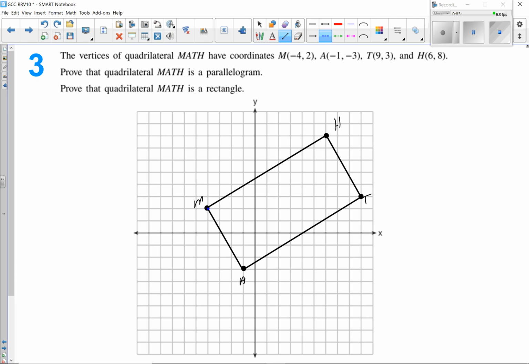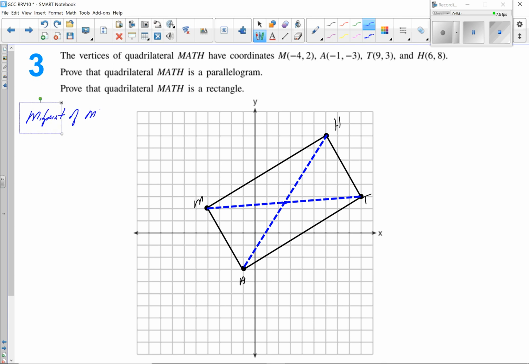So I'm going to be focusing on MT and AH, because in a parallelogram, the diagonals bisect each other. So if I can prove that these two diagonals intersect at the exact same spot, I know that they bisect each other.